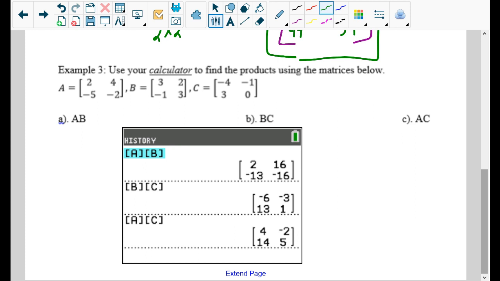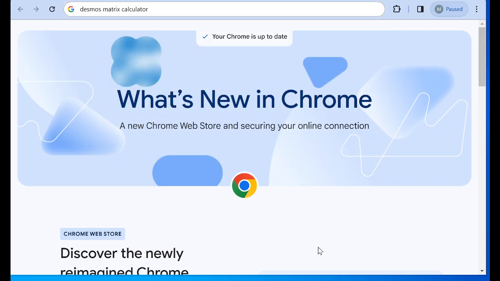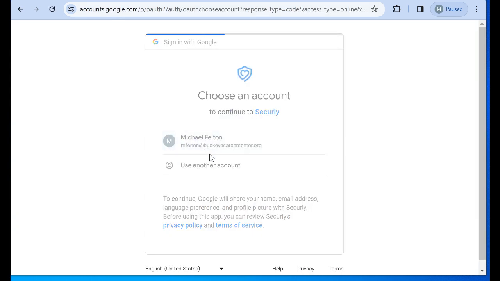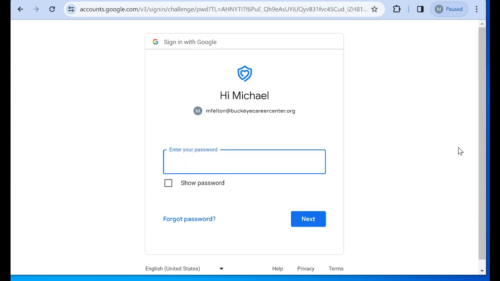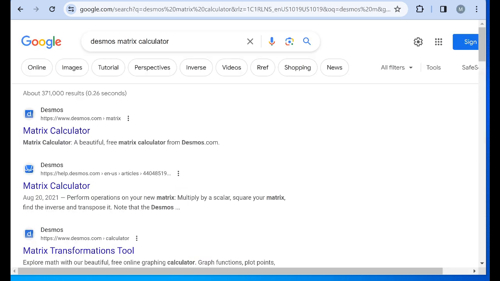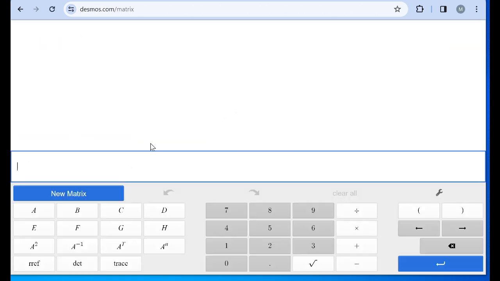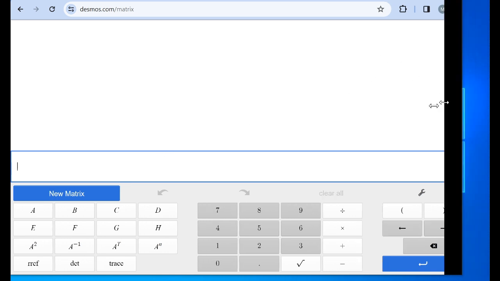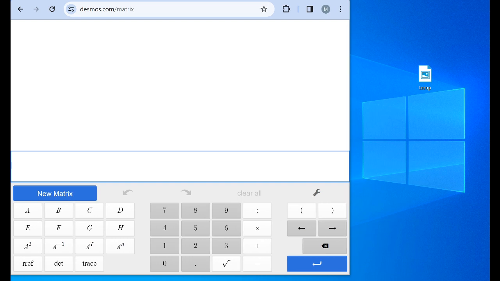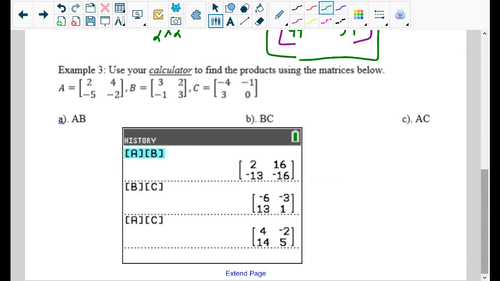So we're going to open up the Desmos matrix calculator. You just type in Desmos matrix calculator and search for it. It pulls it up here, we click on it, and it gives us our calculator. Now, let's pull this back up.